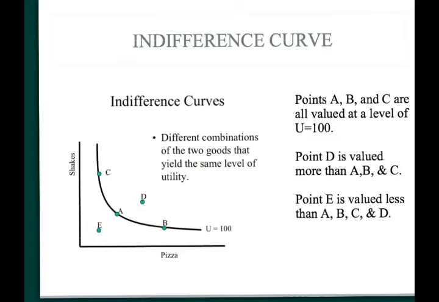Anywhere beyond this curve or further out from this curve is going to be valued at a higher measure than the utility of 100 utils, or whatever we want to call it. So point D is going to be said to be more valued than points A, B, and C. A, B, and C, we're indifferent between all of those points. Point D is valued more. Point E then obviously would be valued less than A, B, or C, and given the curve there, it's also valued less than D.